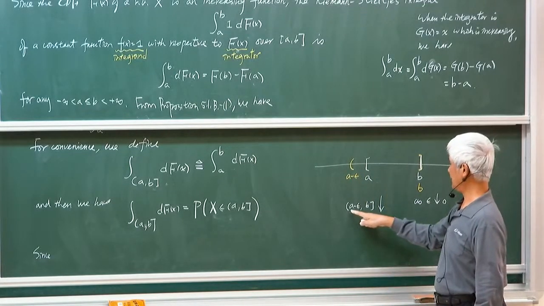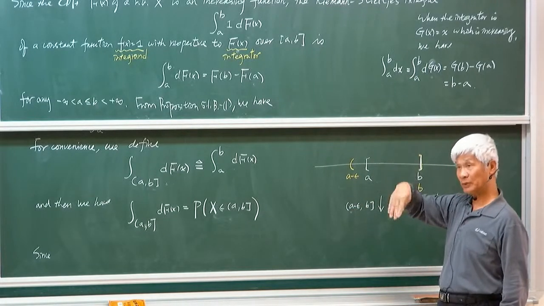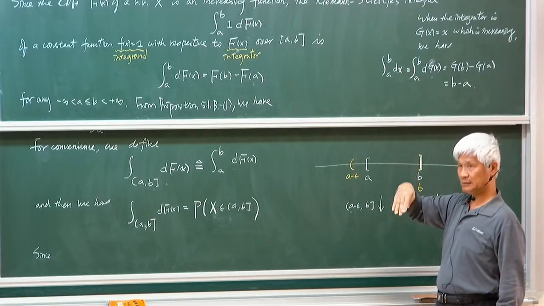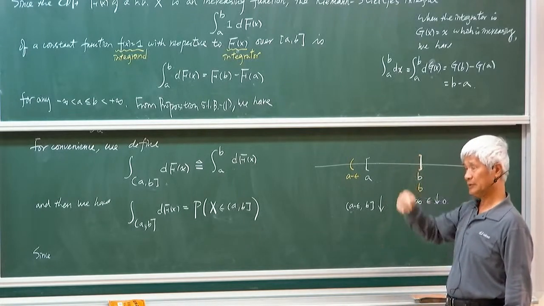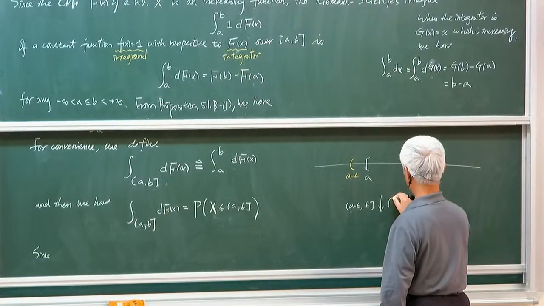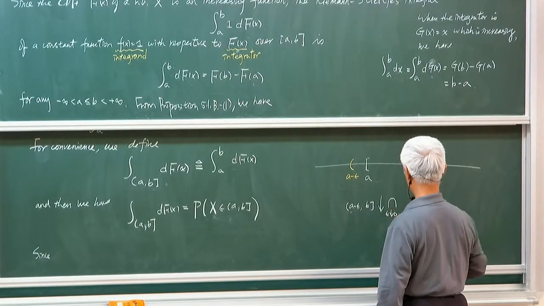So the half-open, half-closed interval will become smaller and smaller. So this is a decreasing sequence of intervals, and the limit we will describe next.